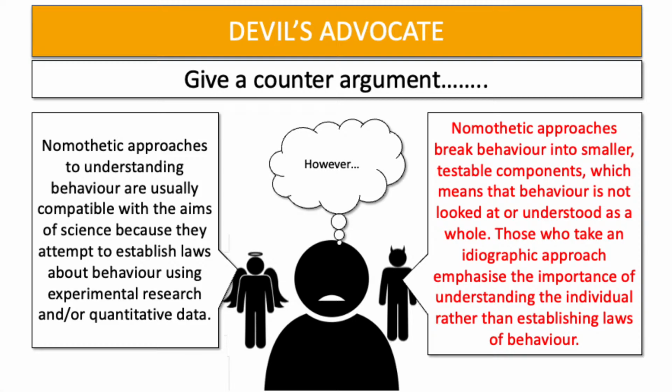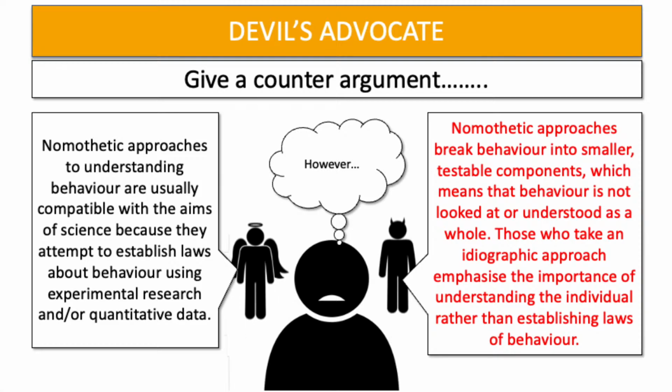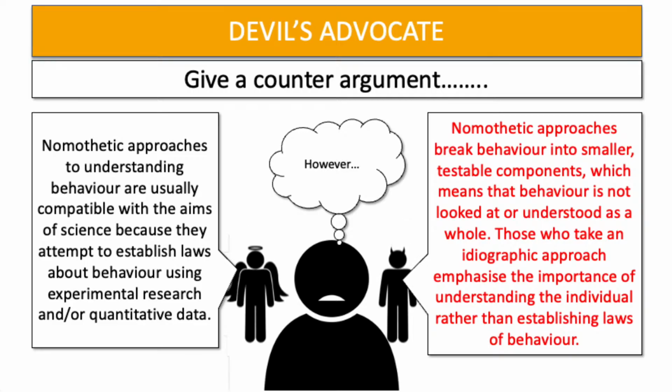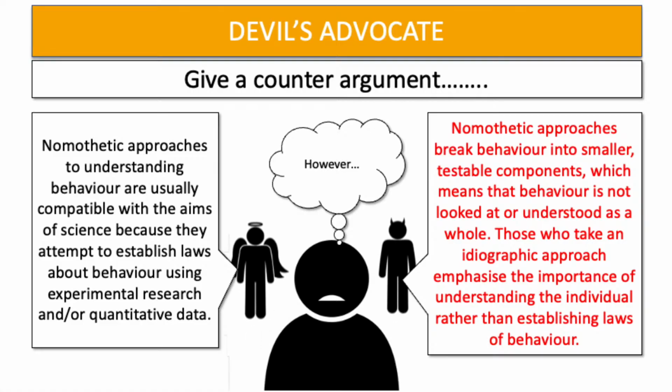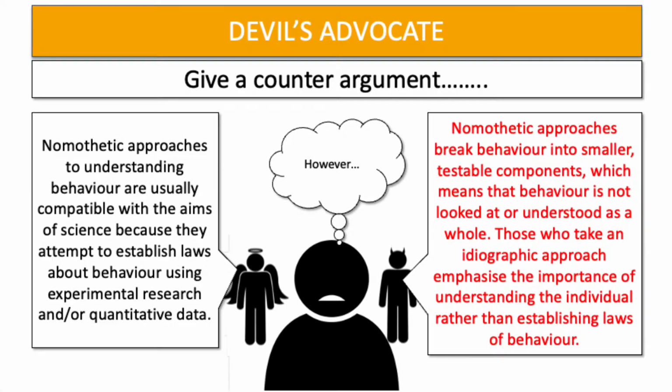And a good phrase, which we haven't actually included in our answer, is that nomothetic approaches break the behaviour into smaller testable components, but you're not looking at the whole thing, or at the understanding of unique individuals. You're just trying to establish laws of what the average person will do.